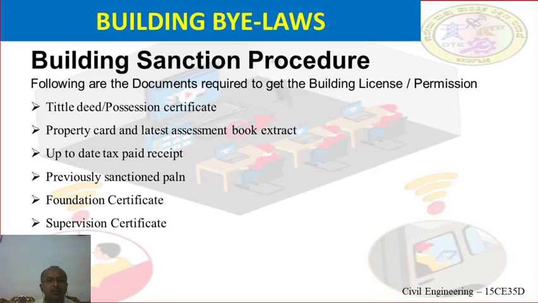That means who is in charge of the site work, or the engineer who is in charge of the work, is to be mentioned, and who is going to look into the different stages of the construction. That certificate also has to be produced by the engineer or architect to the building sanction procedures.